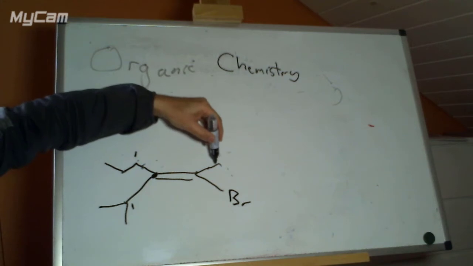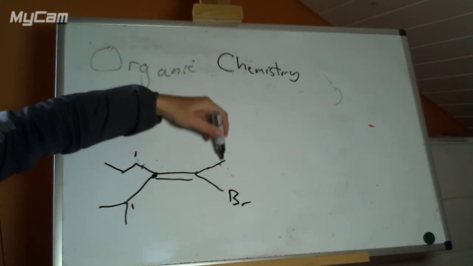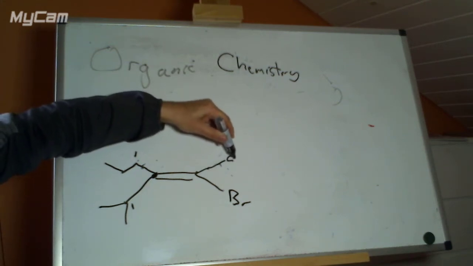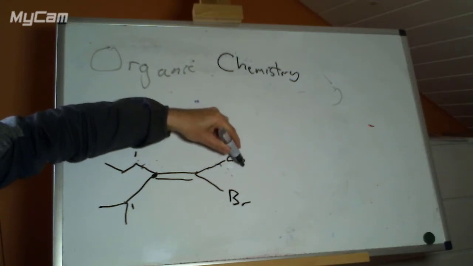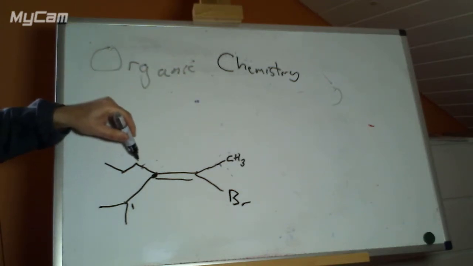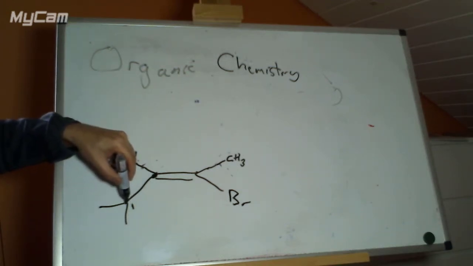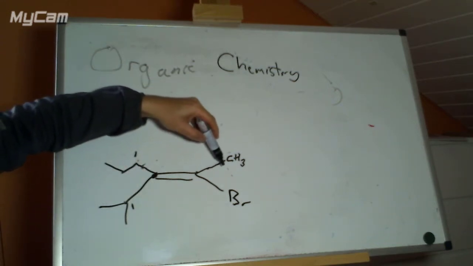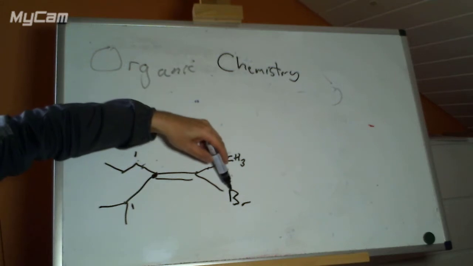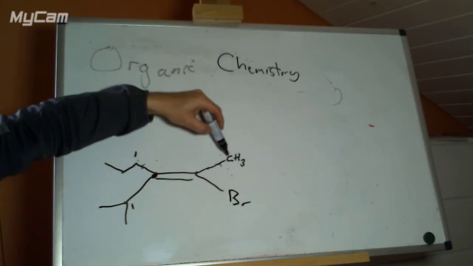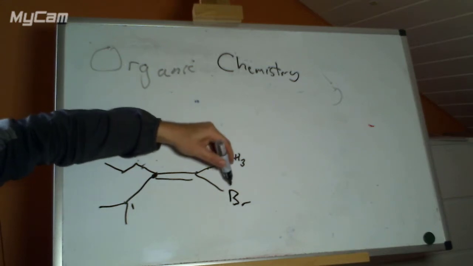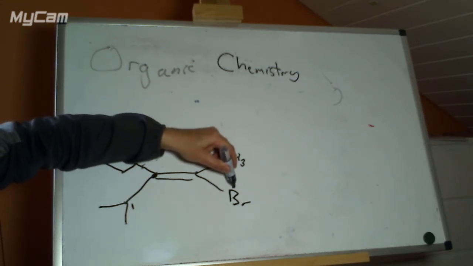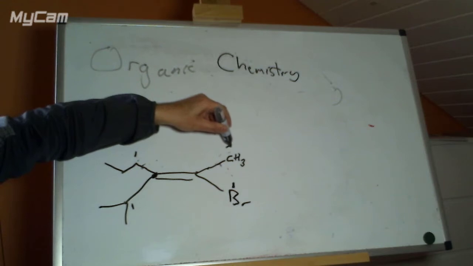If we look at the other end, they're not the same. We've got a bromine and we've got a carbon. This is a CH3. This is a CH2. This is a CH carbon, two carbons. So first of all, this one, the bromine atom weighs more. It has a higher atomic mass than the carbon atom. And so this one is going to be our first number, and this one will be the second one.